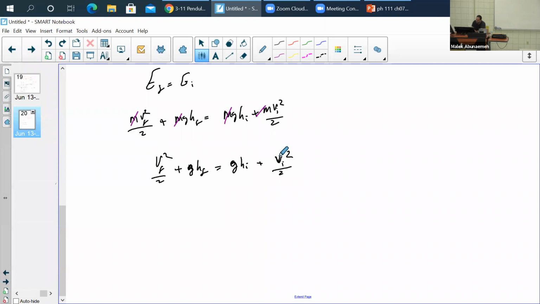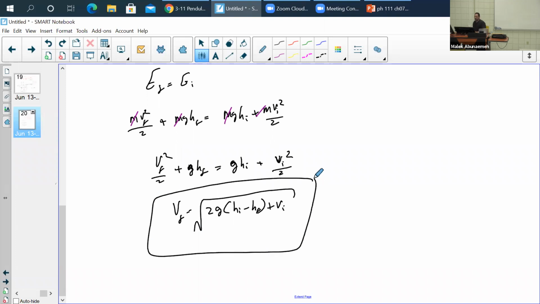So let's solve this for the final velocity. You're going to have the square root of 2 multiplied by g, multiplied by the difference in height, initial minus final, plus your initial velocity squared. So to find the final velocity, it's the square root of 2g times the difference in height, plus vi squared.